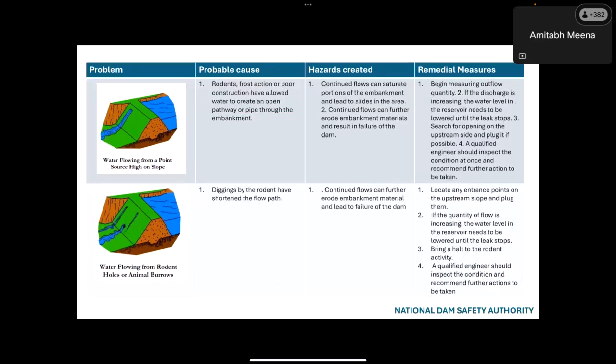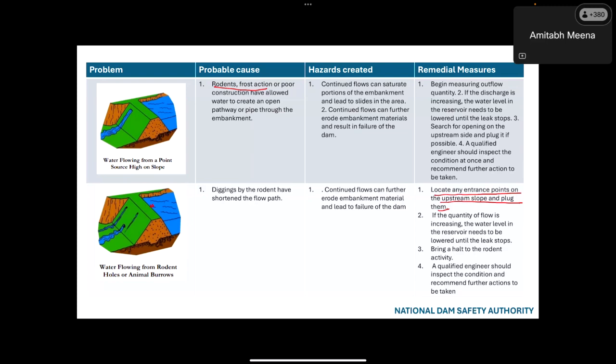It is again water flowing from a point source on a high slope. This may be due to some rodents, so they should also be repaired. In such situations, locate any entrance points on the upstream slope and plug them. We have to always find the opening on the upstream side, and we can only plug the holes from the upstream side.